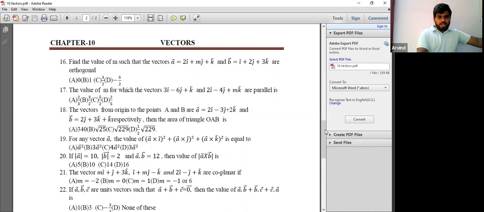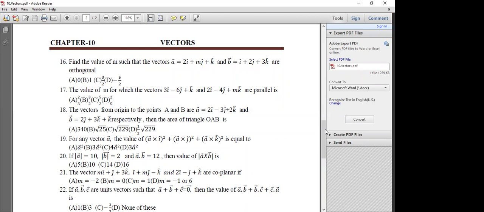So vector B is 2i cap plus 3j cap plus k cap. Option D, sir.